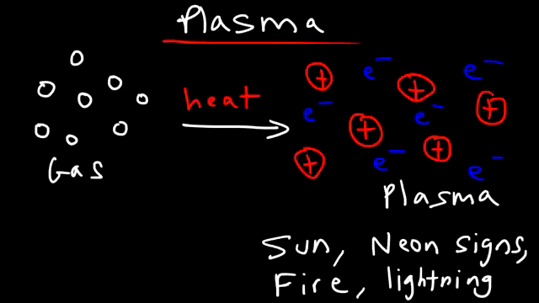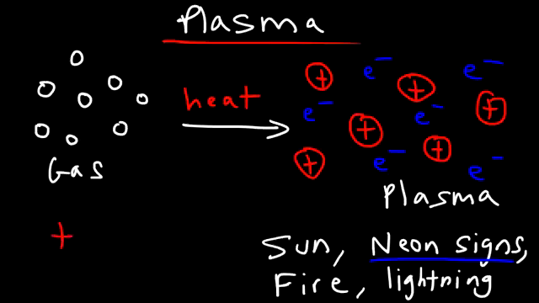So in order to strip the electrons from a gas to create plasma, you can add heat or you can add electricity, because neon signs use electricity to separate the electrons from the gas particles, creating this plasma state.